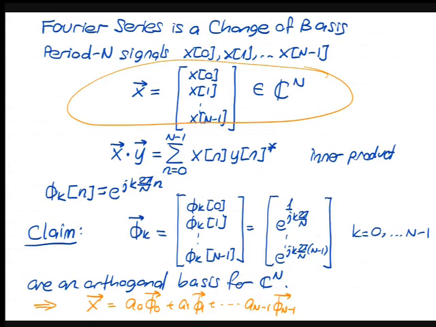We just took any periodic signal and decomposed it as a weighted sum of these functions phi 0 to phi n minus 1. The same thing can be written in vector form as a change of basis, if you believe my claim that these phi k vectors are orthogonal to each other and they form a basis. All right? So this gives you a nice geometric view of things.